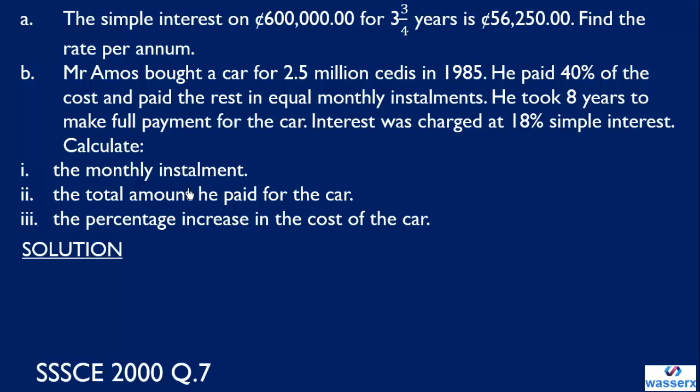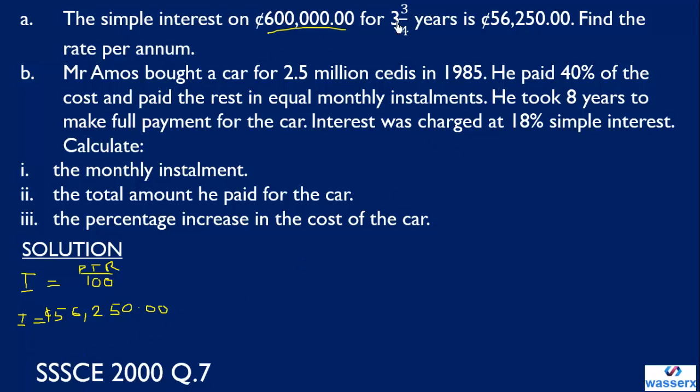Now the simple interest on this 600,000 for 3 and 3 over 4 years is 56,250. Now this is our principal. So our interest was 56,250 cedis.